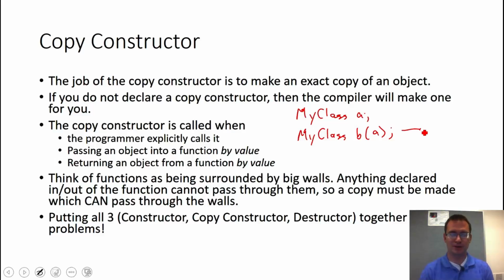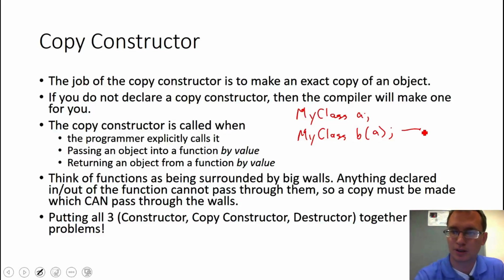And this makes more sense if you think of functions as being surrounded by really big walls. Anything declared inside the function or outside the function can't pass through those walls. So a copy has to be made, and that copy can pass through the walls. Or rather, the copy procedure.